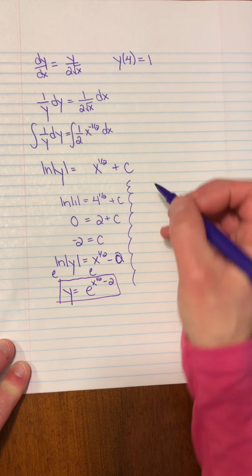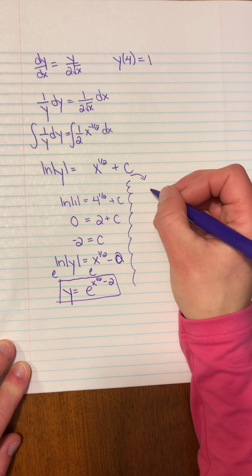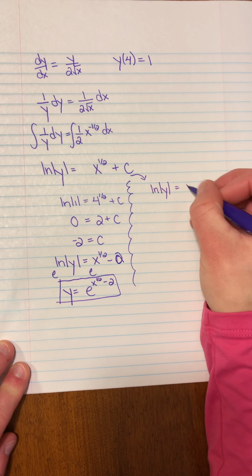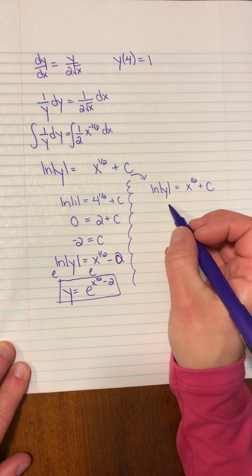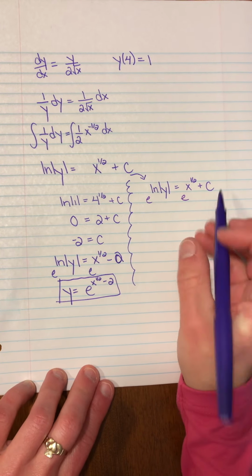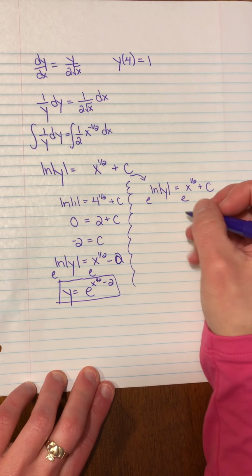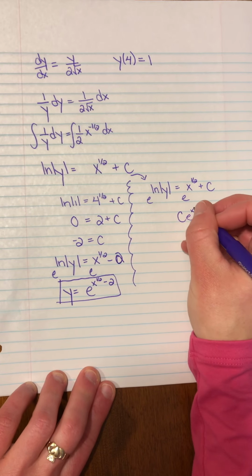Okay? Or if I first solve for y, and I do ln of the absolute value of y equals x to the 1/2 plus c. So if I first solve for y, e both sides, so I have an e to the plus c. That is a big old c out in front. c times e to the x to the 1/2 equals y.